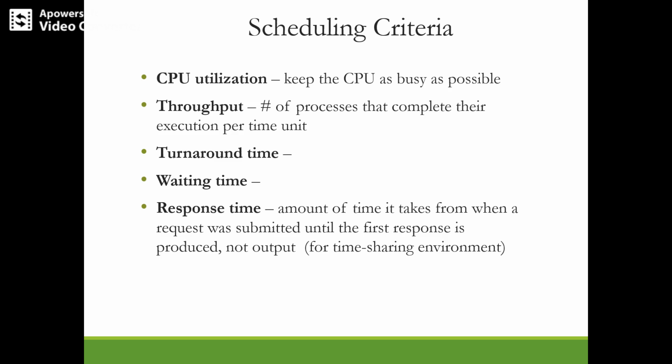I can say that turnaround time runs from process submission to completion, or turnaround time is nothing but burst time plus waiting time. Whereas throughput tells the amount of work. If more work is done by the system per unit time, that means more throughput.